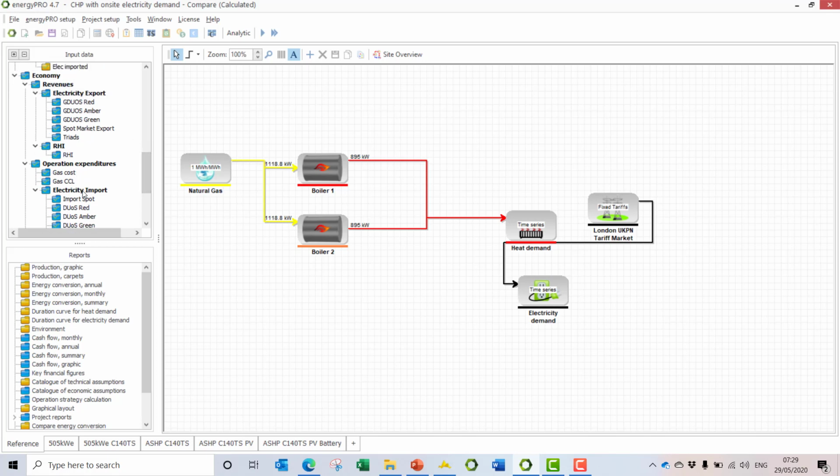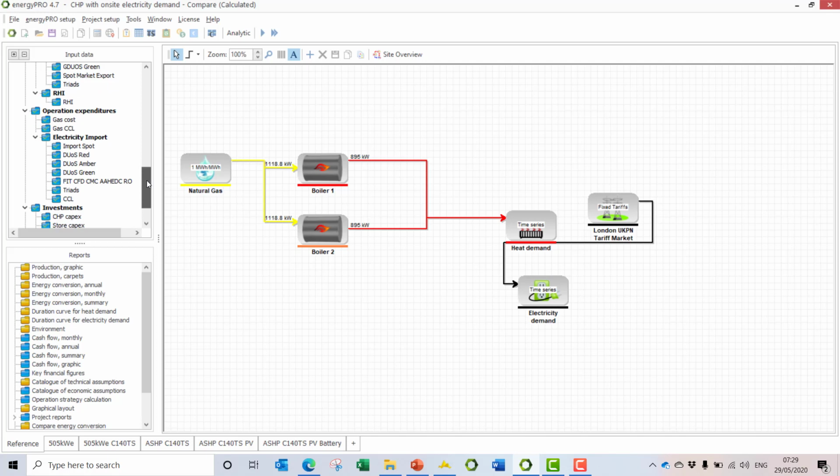You can see I've got various prices and incentives and taxes and indeed some capital investments here.